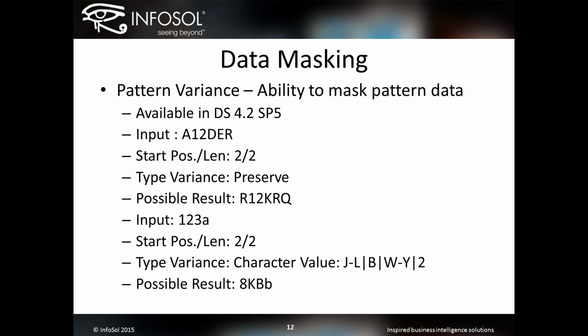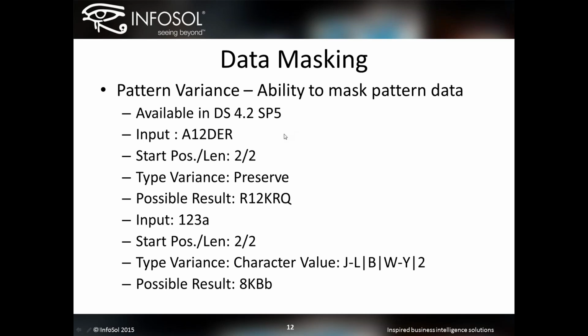Now one of the things I mentioned to you is, as this was developed back under Service Pack 3, Service Pack 5 came out, and they added what they call a pattern variance, the ability to mask pattern data. This is really nice, and I have several examples showing this.